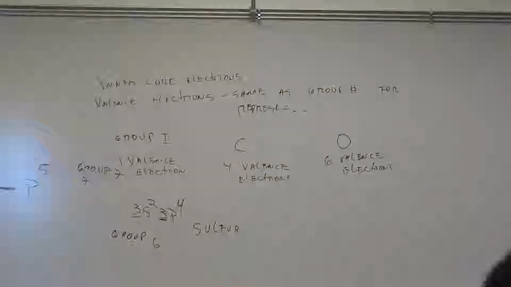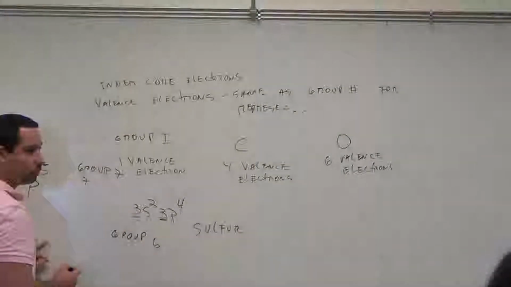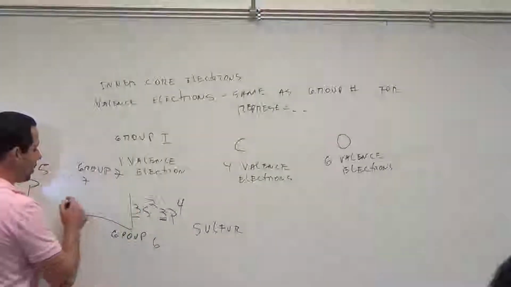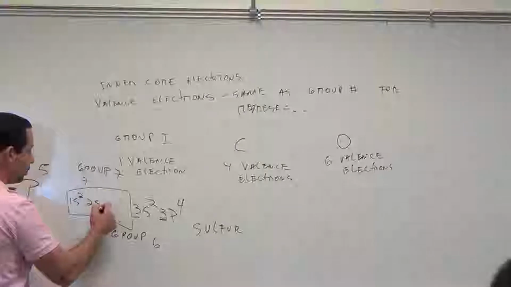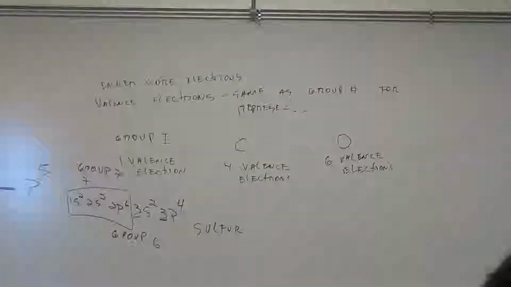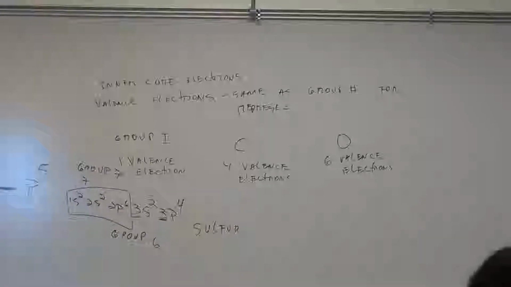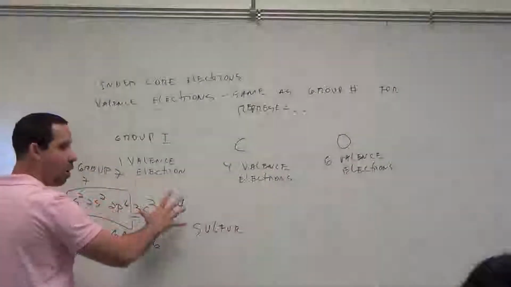All right. Which ones are inner core electrons here in this configuration? These are inner core: 1s2, 2s2, 2p6. Those are the inner core electrons. These are valence electrons, or the outermost electrons.